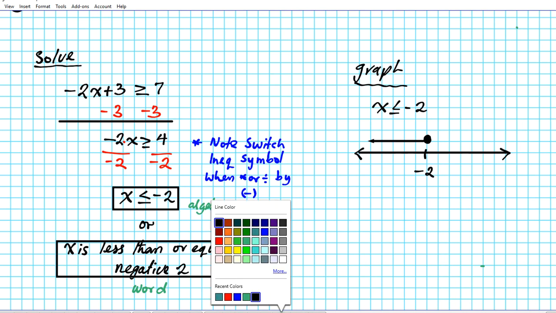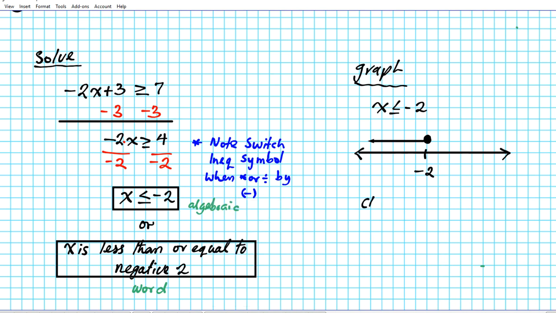Let's go ahead and check to see if our result is in fact correct. To check, we're just simply going to pick any number to the left of -2 or -2 itself. How can we pick -2? Well, you have a closed circle, which indicates that that boundary value is included.